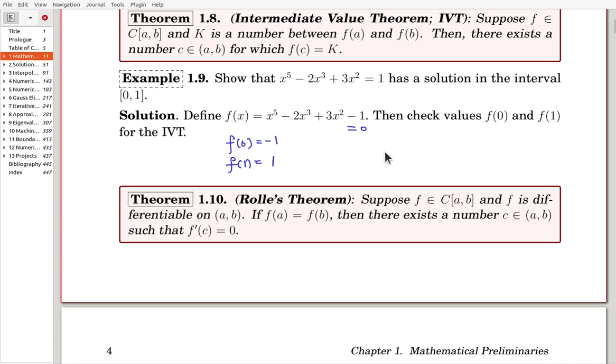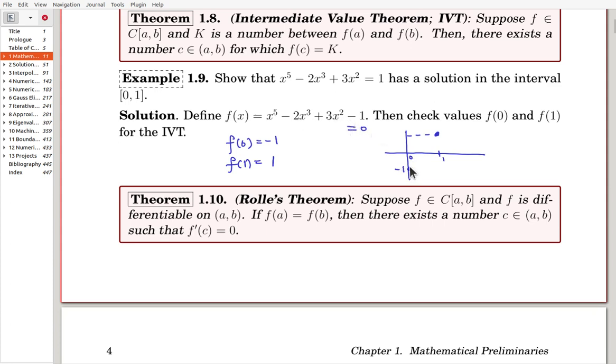Pictorially, right now, at 0, the value is minus 1. And at 1, this is 0 in the x direction, this is 1, and the value is 1. So between 0 and 1, at the left endpoint the value is minus 1, and at the right endpoint the value is plus 1. Now, this is a polynomial, so it is continuous.